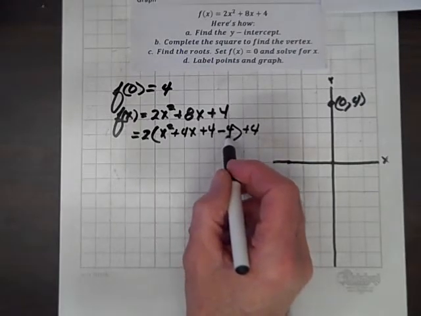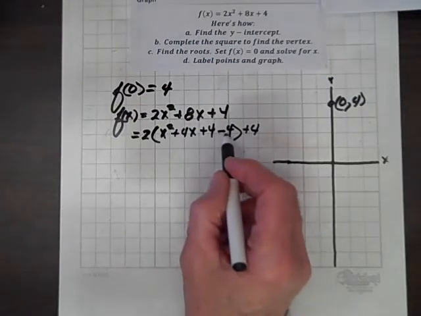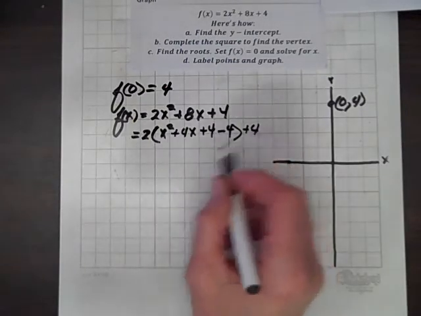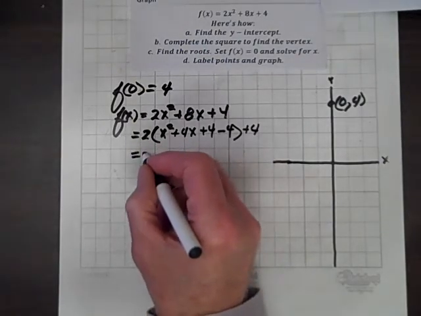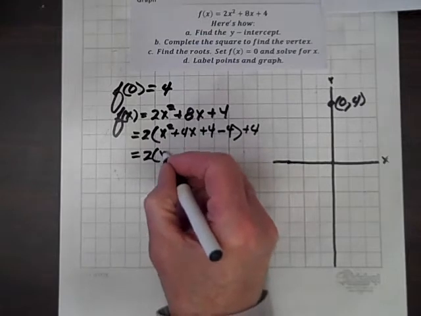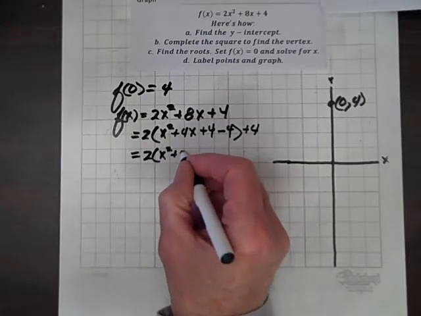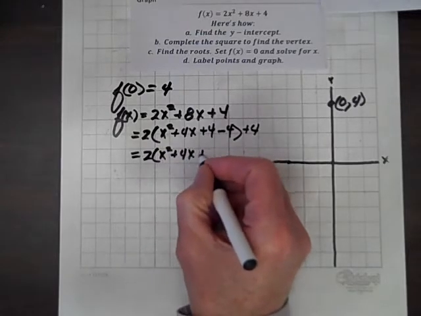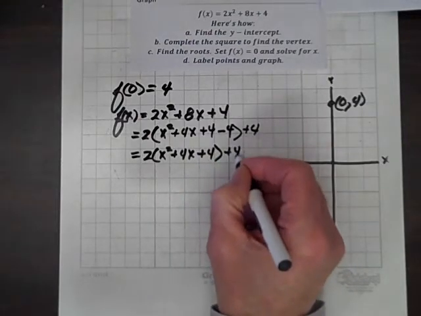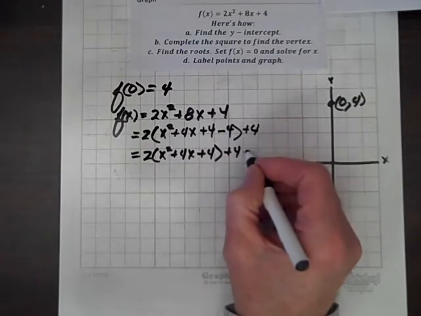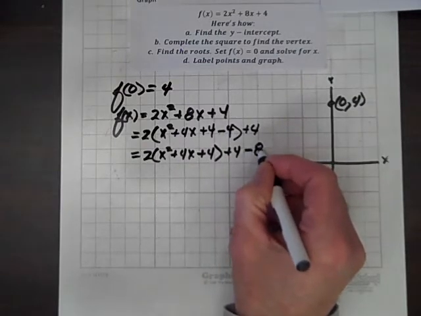To do that, the distributive property tells us to multiply negative 4 times 2, and then we can remove it from the parentheses. So this equals 2 times x squared plus 4x plus 4, and our friend Mr. 4 there, and 2 times negative 4 is negative 8.